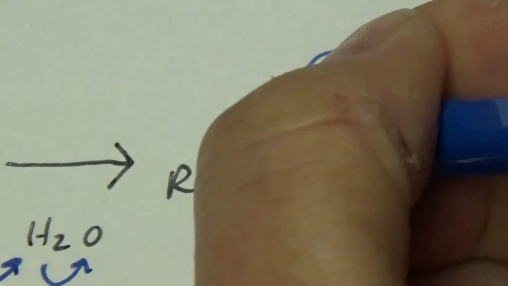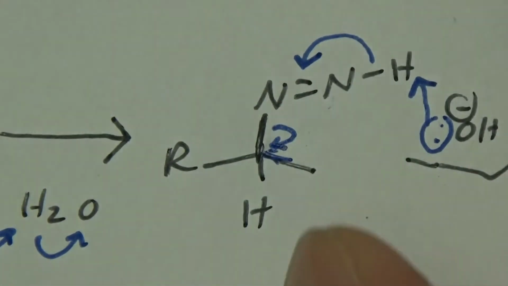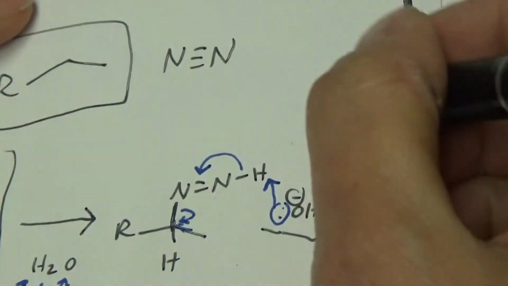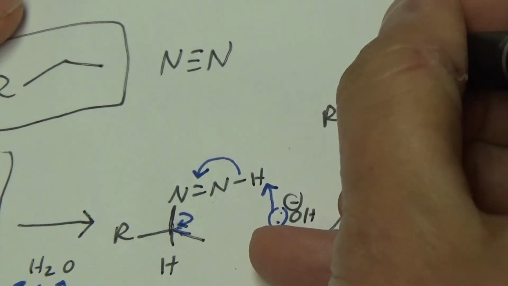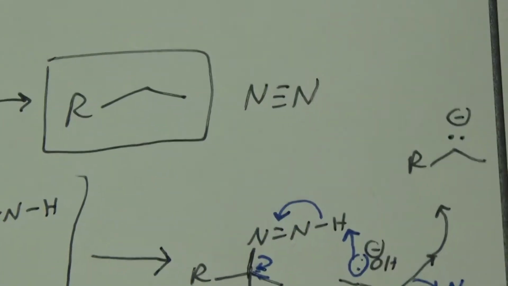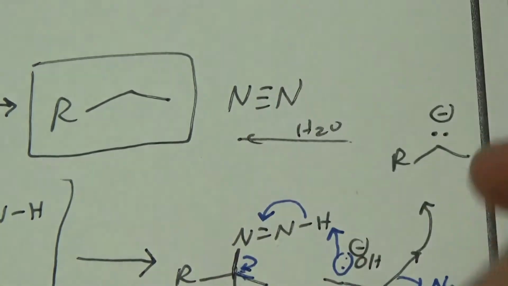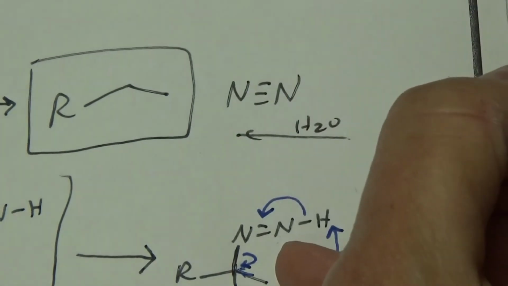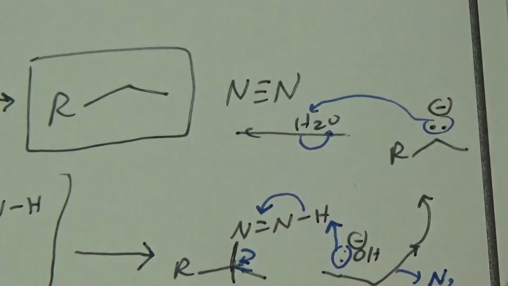What does that give us? It makes N2, and it makes R minus. Now we have another carbanion. And then of course water just gives up a proton to that carbanion, just the same as we did a second ago. And then we're done.